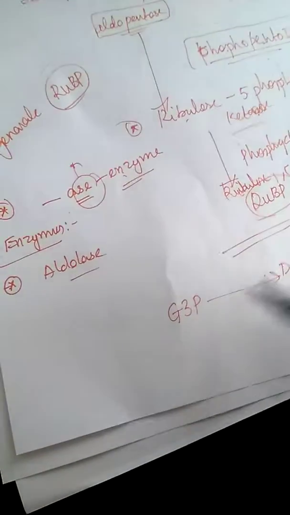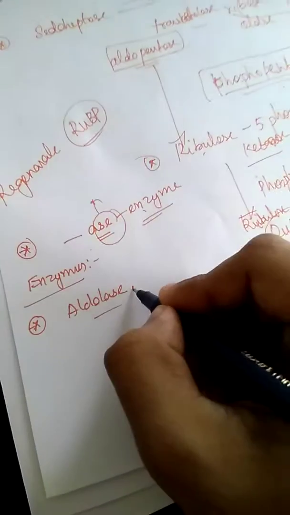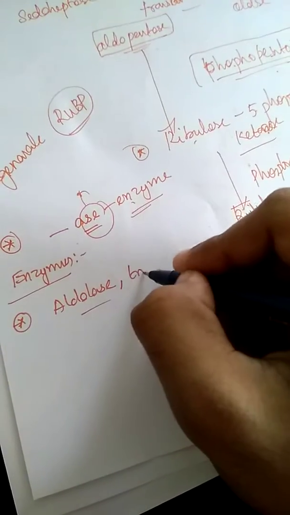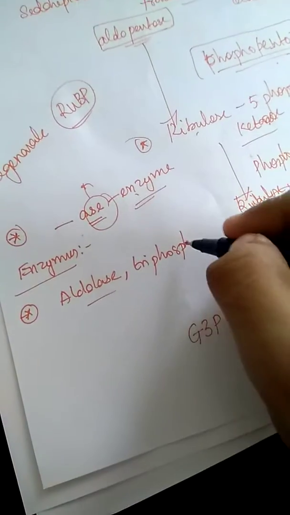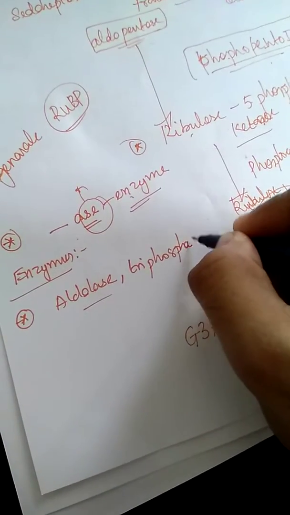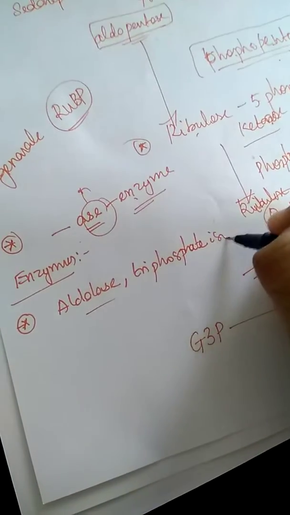It converts glyceraldehyde 3-phosphate into dihydroxyacetone phosphate. So aldolase is used in this, and also triose phosphate isomerase.